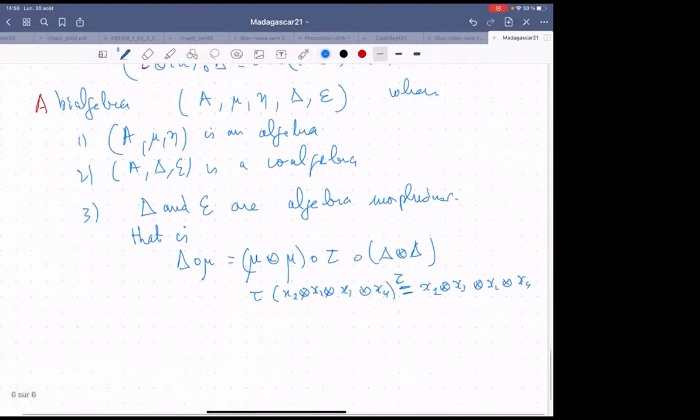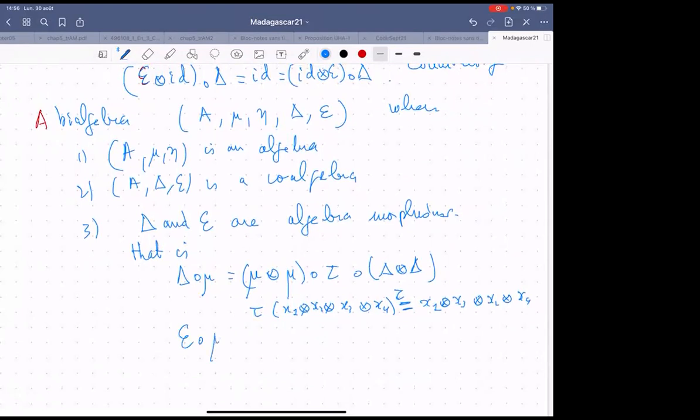This is tau. And epsilon composed with mu, if I apply it to elements x tensor y, this is epsilon of x times epsilon of y. This is the compatibility condition.